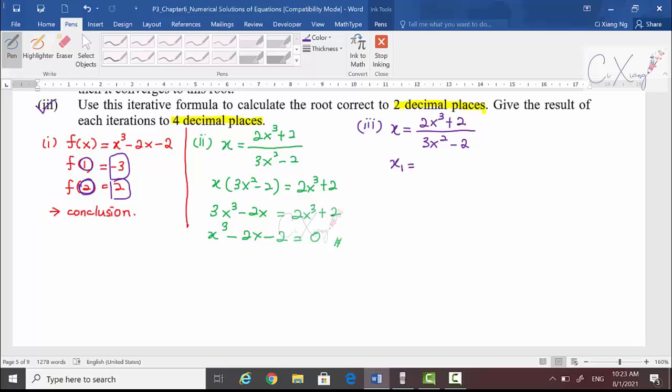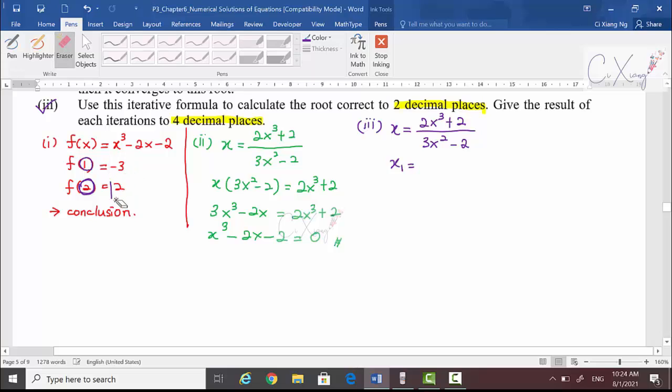But if you substitute it wrongly, you still can get the answer finally, just that maybe your steps will be slightly longer. That's the difference only. So it depends on which one you want. All right, so I'm having x equals to 1 and x equals to 2. Maybe for me, I choose the middle value, which is 1.5. Okay, then I want to get my x2.